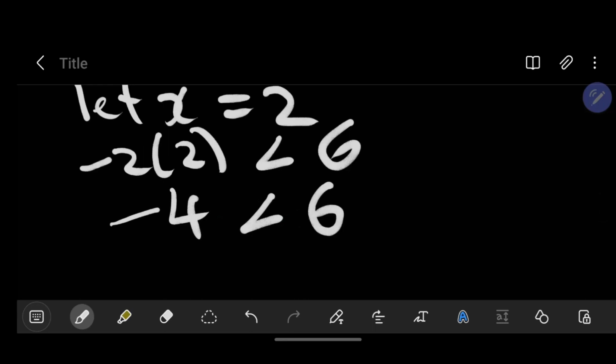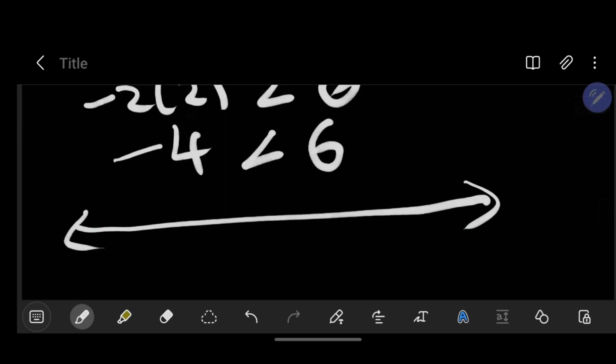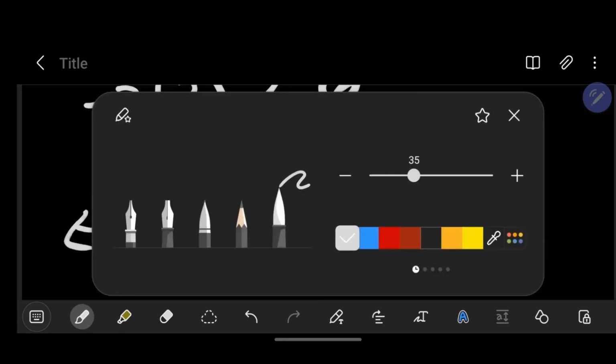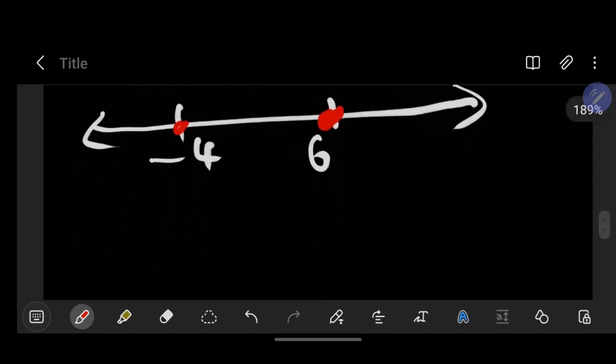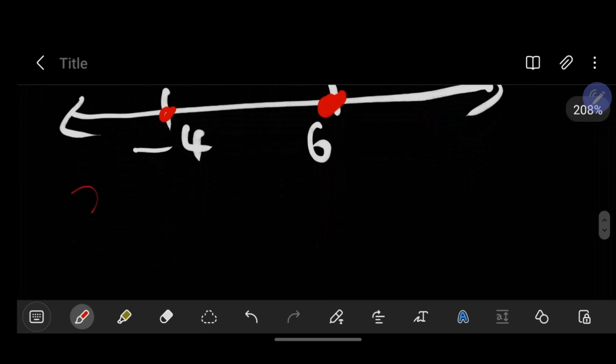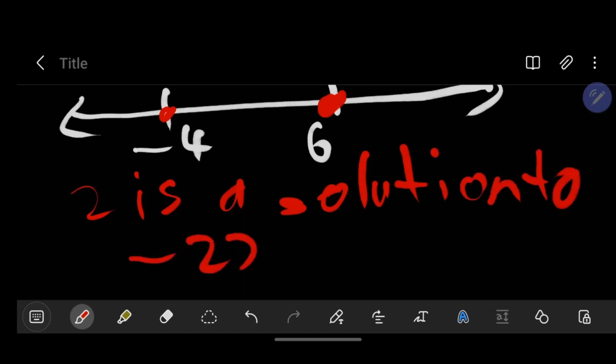So this is correct, right? If we place this on the number line, we can see that we have 6 and -4, and -4 is indeed less than 6. So we can conclude at this point that 2 is one solution to the inequality -2x less than 6.